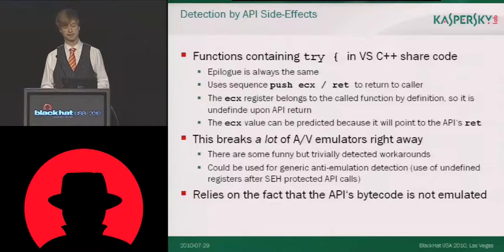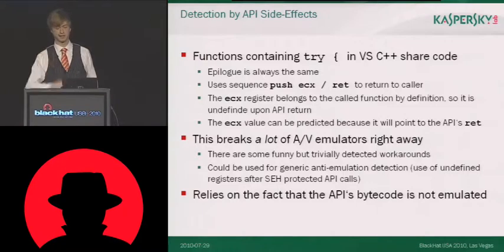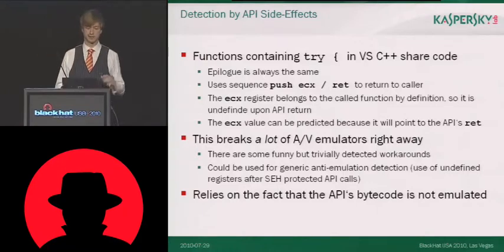This epilogue uses a sequence of push ECX and then return to the calling function. So that means that with this code in place, you always will have some detection of the ECX register, because the ECX register, by calling convention, belongs to the called function.